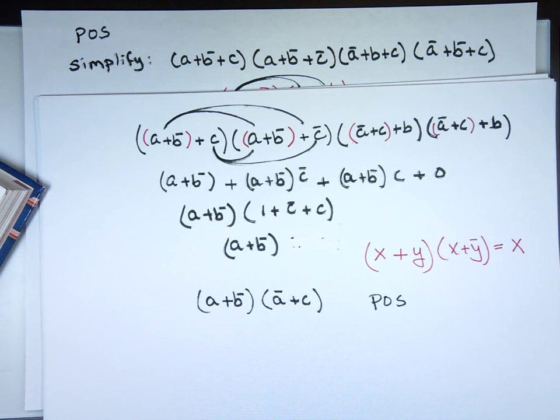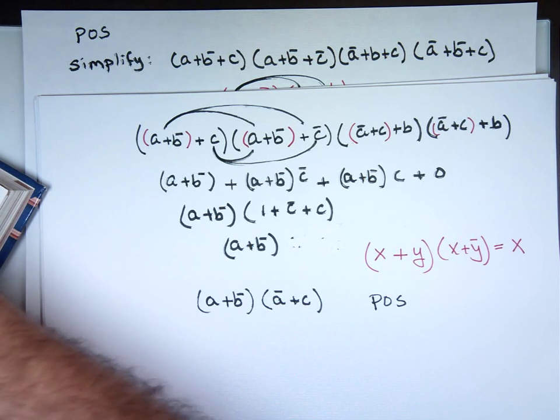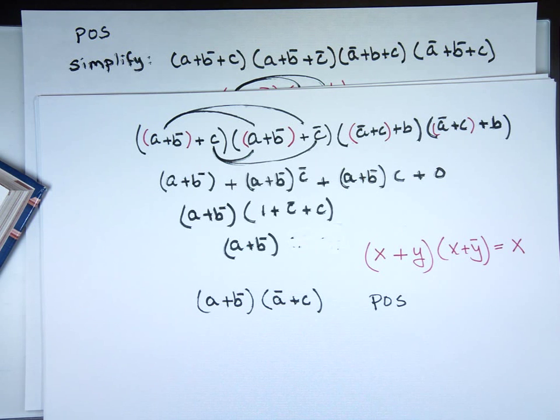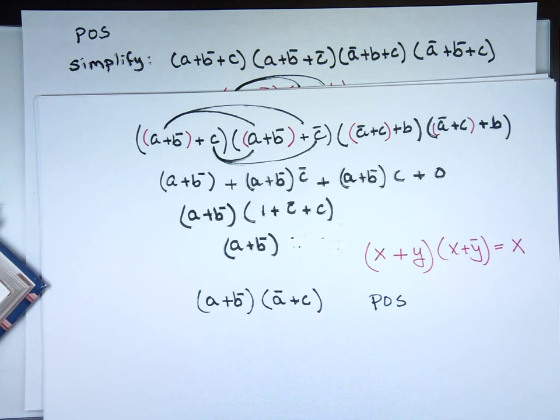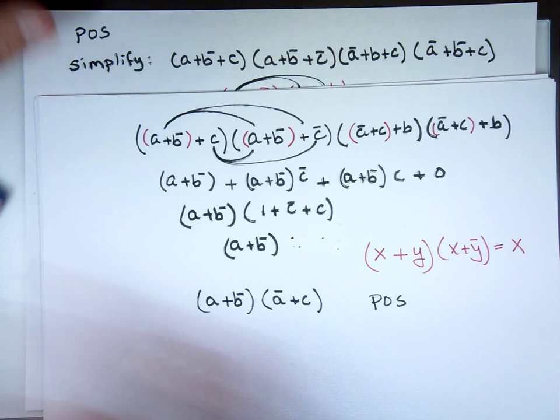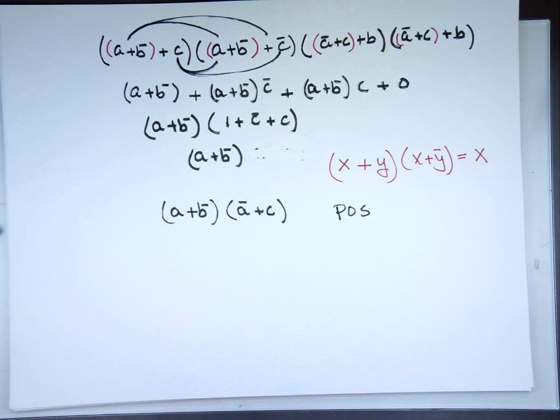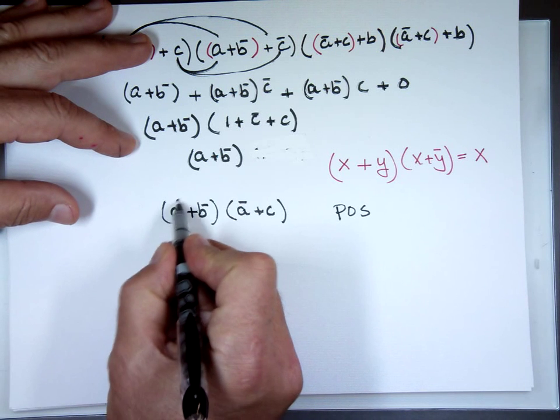If I want to leave it in terms of product of sums, that's my answer. If I want to change it to a sum of product, they're probably going to tell you in some of them we want the answer in product of sum, and some of them in sum of product. So this is actually product of sums. If they want the answer in product of sum, you're done. But if they want to convert it to sum of product, then we use the FOIL method, right? If you FOIL this, what do you have?